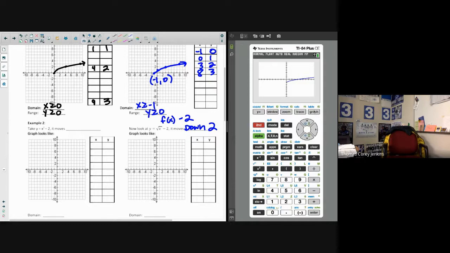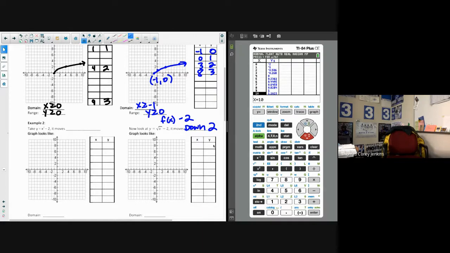To get specifics, I'm going to go to table. Shift down so I can see 9. So it says 0 goes to -2. 1 goes to -1. 4 goes to 0. And 9 goes to 1.